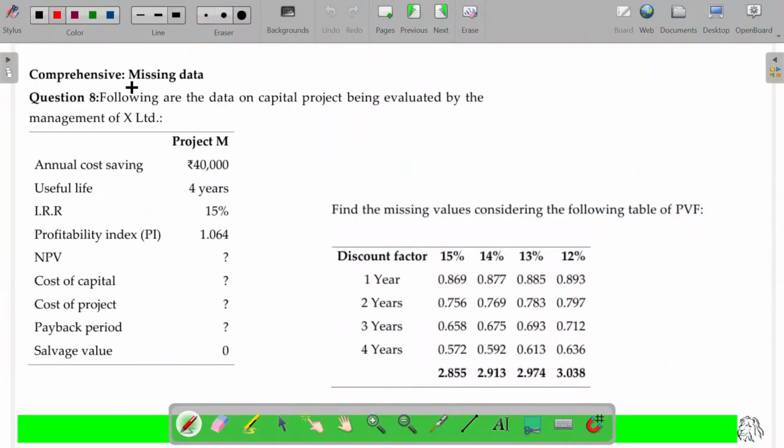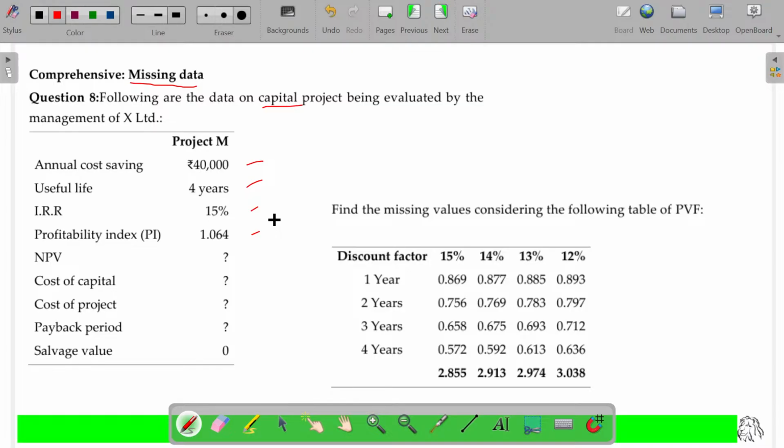This illustration is one of the most interesting illustrations asked in CA Final very long back. We have been given some missing data and our duty is to find out the missing data. Following are the data on a capital project being evaluated by the management of X Limited: annual cost saving, useful life, IRR, PI.